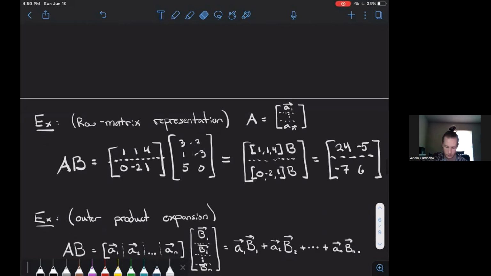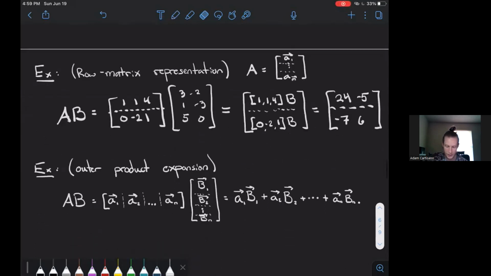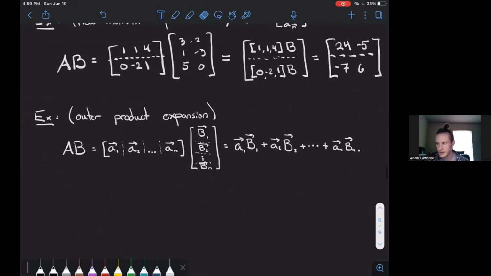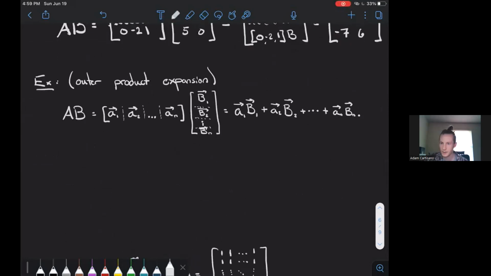So the outer product expansion. If you remember, the dot product was called the inner product of two vectors. Outer product expansion is the third one of these different ways of doing matrix multiplication.